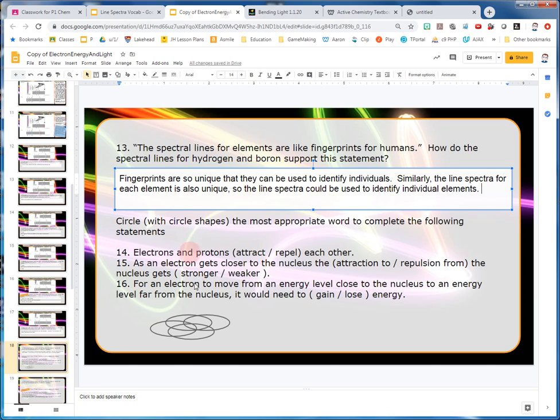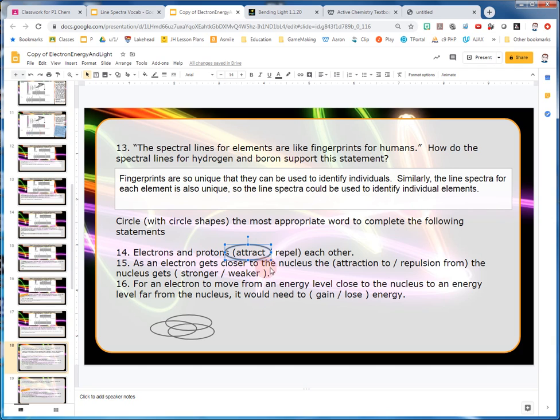Alright, circle with circle shapes. Everything's a little bit more difficult on a computer. Most appropriate word to complete the following statements. Electrons and protons. Electrons are negative, protons are positive. What do negative and positive want to do? They want to attract each other.